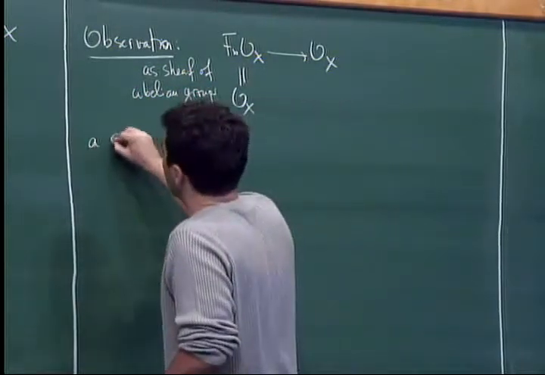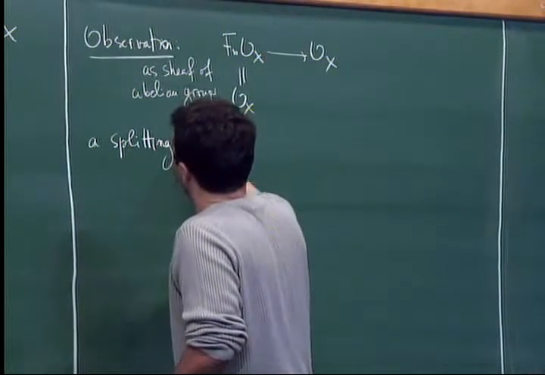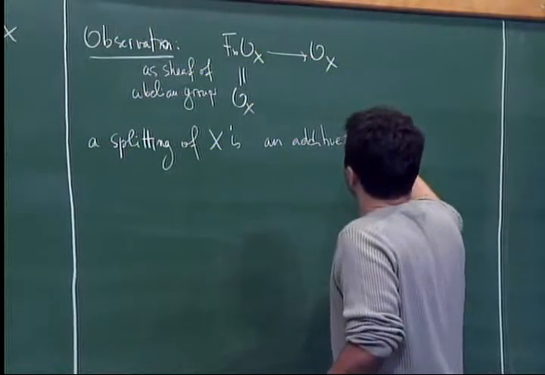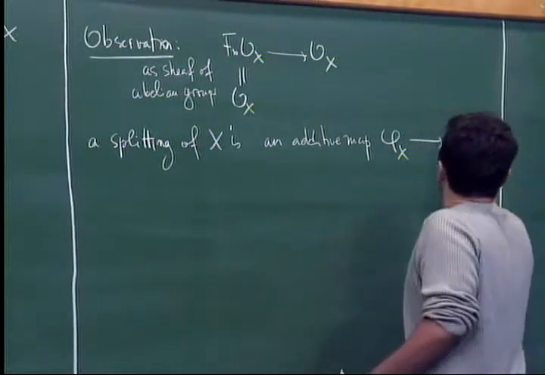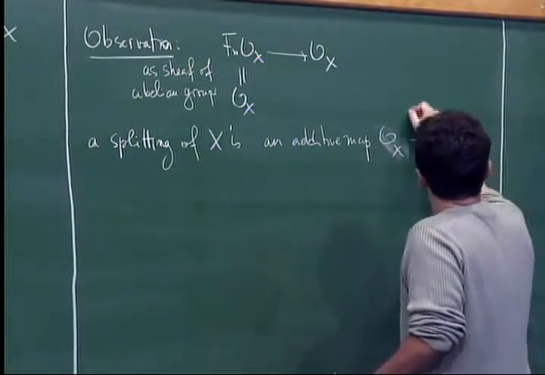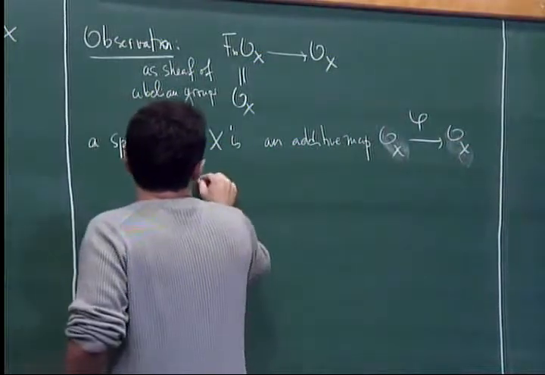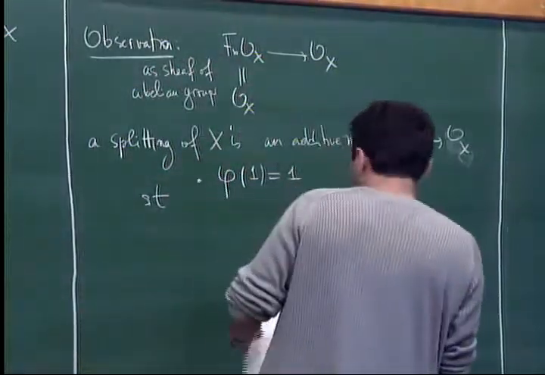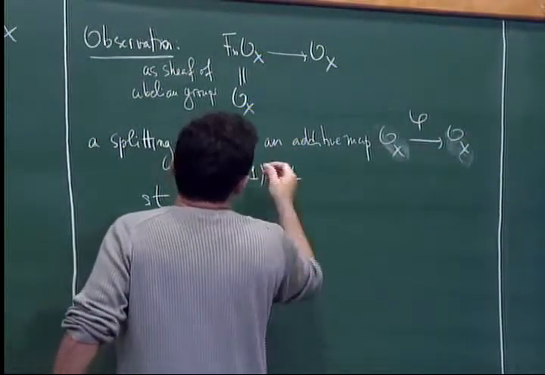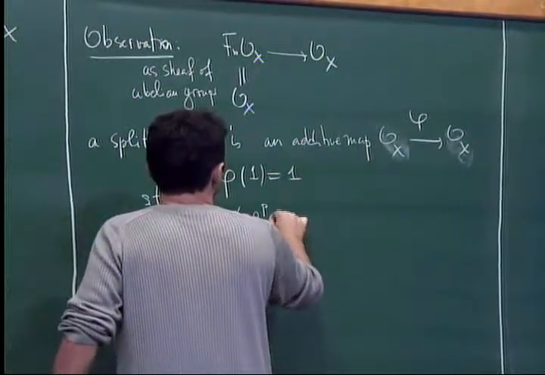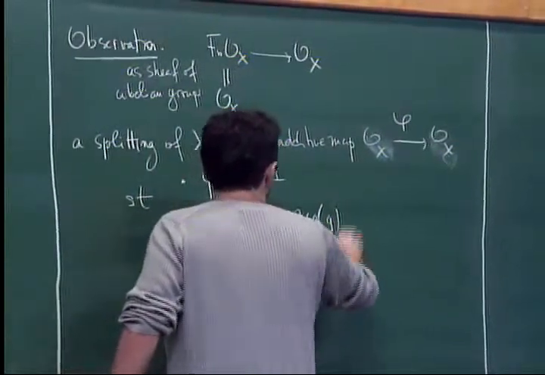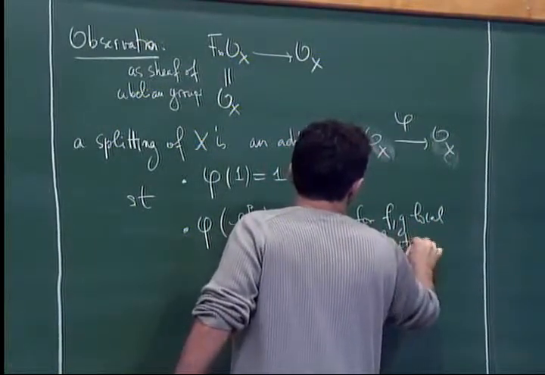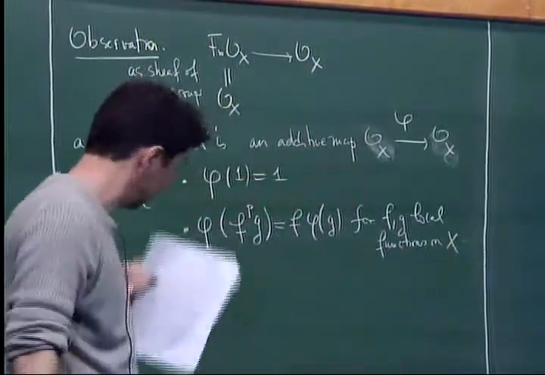So the splitting of X is an additive map phi from OX to OX such that first phi maps the constant function 1 to the function 1, and such that phi is OX to the power p linear, that is phi of f^p g has to be f phi of g for f, g local functions on X. Okay, this is just these things.